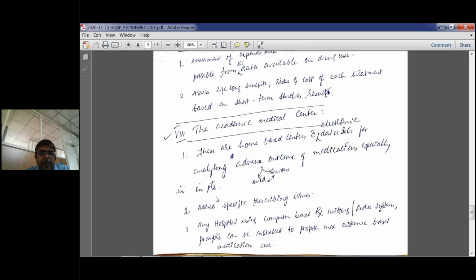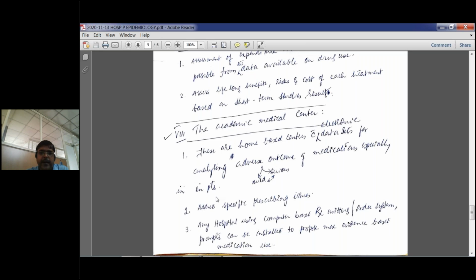So the purpose of these centers is to monitor the medication usage and collect the information about adverse effects or adverse outcomes of medications. And they in turn report to centralized pharmacovigilance centers, as well as they report back to the hospital in order to treat the adverse consequences.